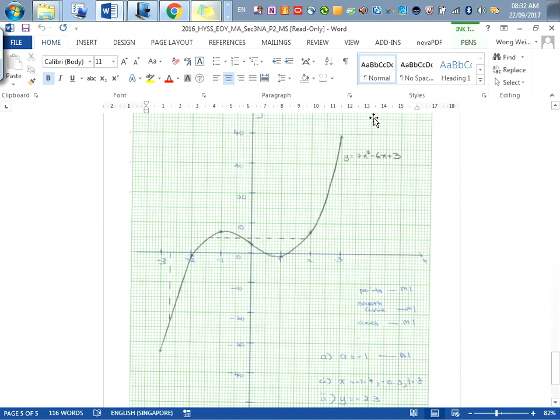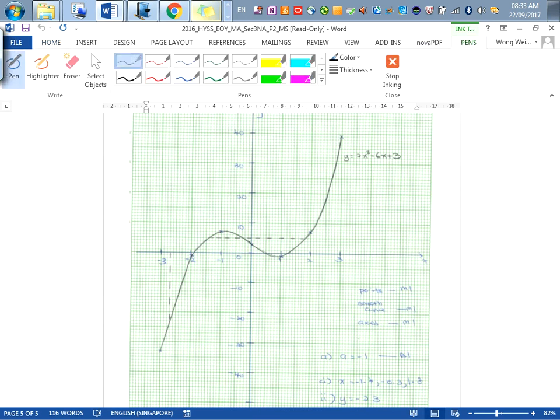So, why? This one doesn't look smooth. Okay, quite okay. If I want it to be smoother, it will look something like this. Still not smooth, but you get the idea. Just make it smooth. So part A, we found it already. The value of a is equal to negative 1.